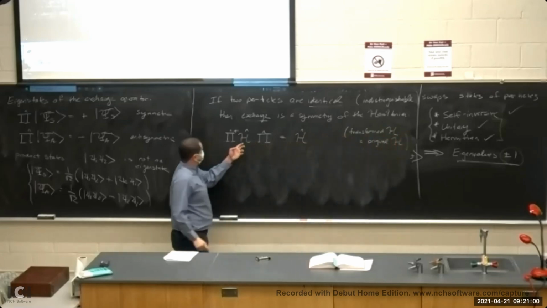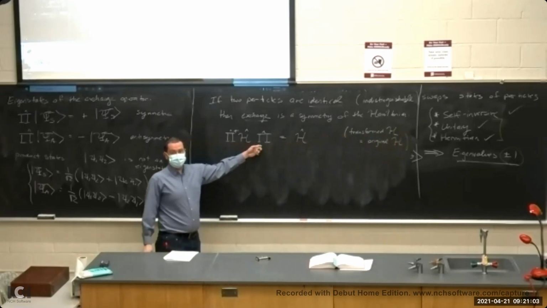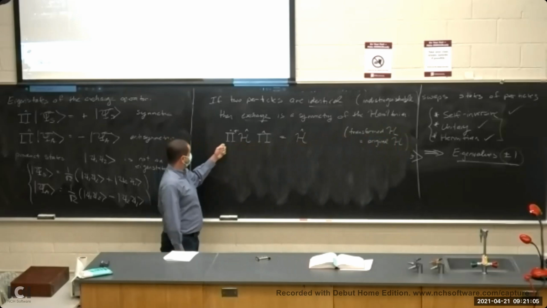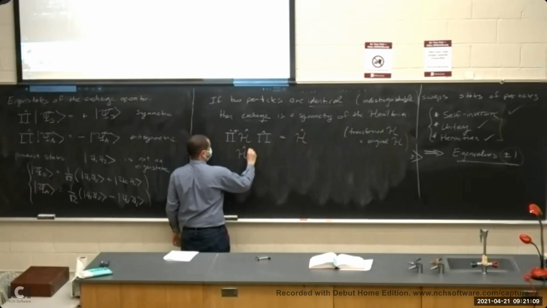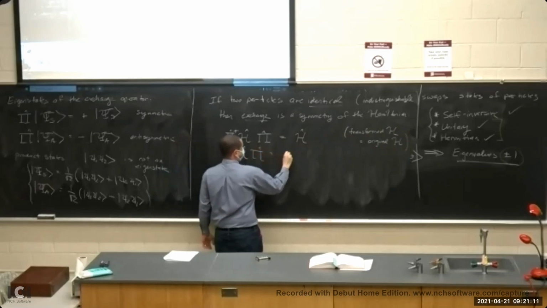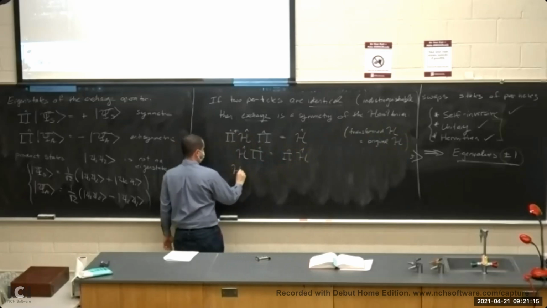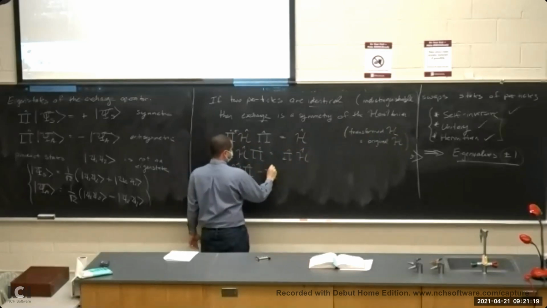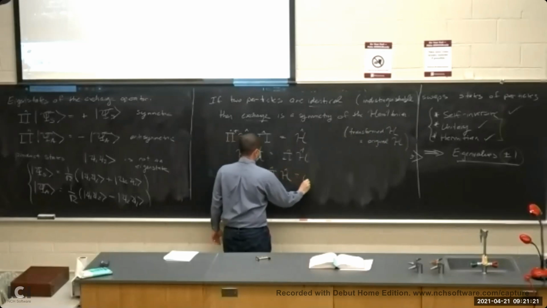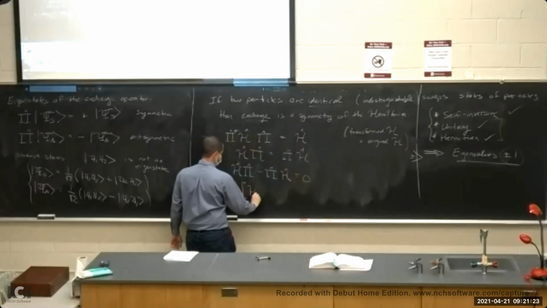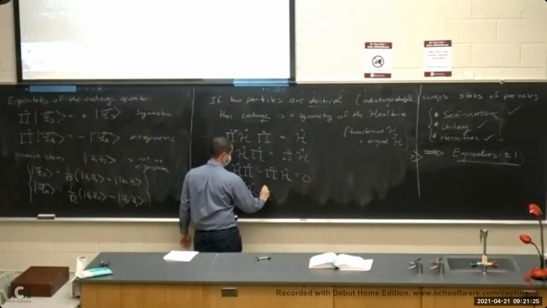And this, of course, means that the Hamiltonian and the exchange operator commute with each other. If I multiply from the left by π, then I get Hπ equals πH. Subtract this over to the left, then this is Hπ minus πH equals 0. Of course, this is just the commutator of H with π.